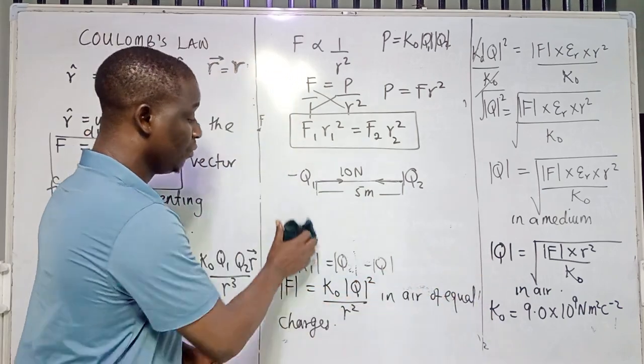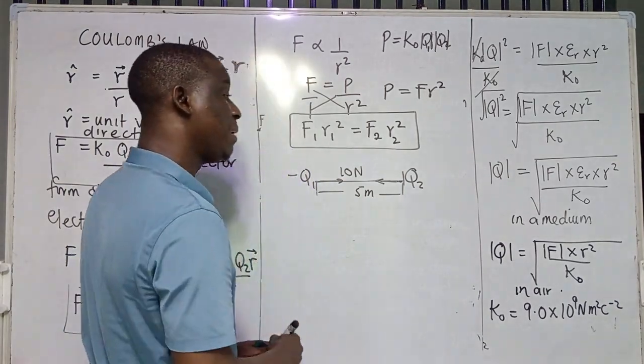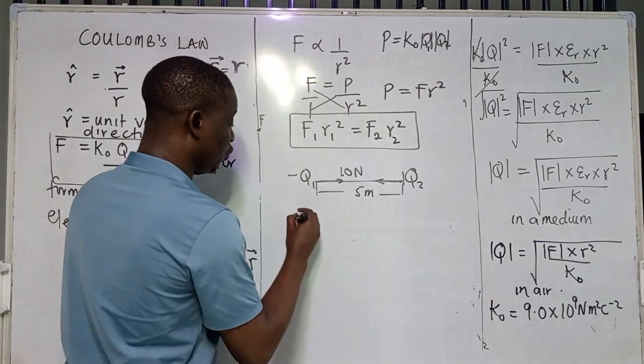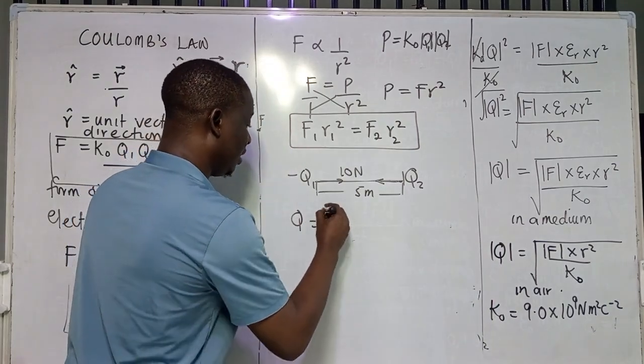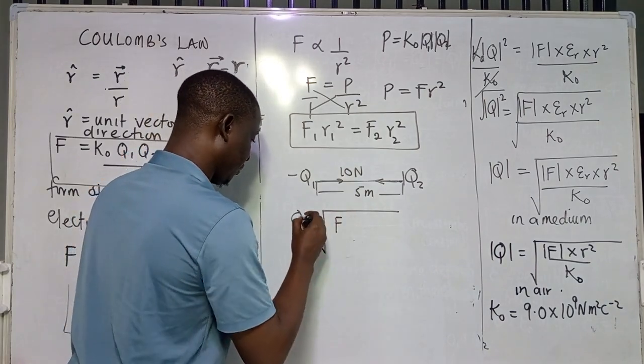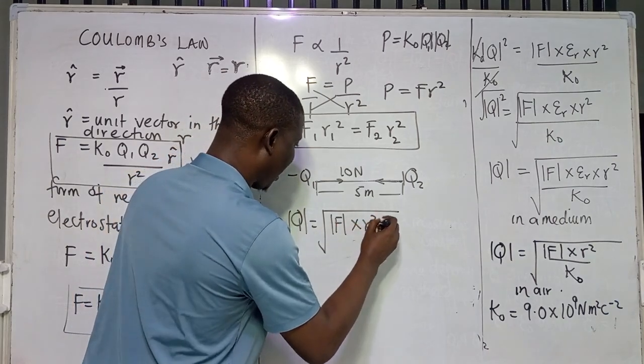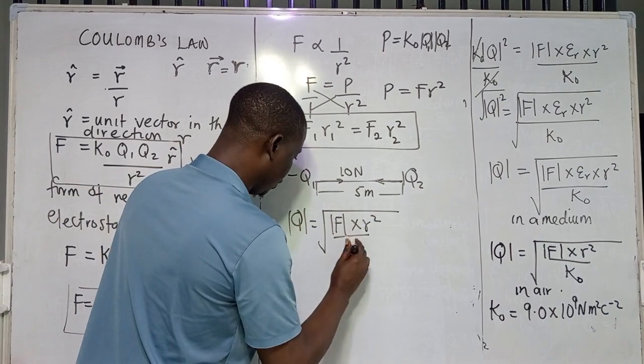And don't forget, in our previous classes before this class, you remember this formula I gave you, that means Q equal to what? If I want to take only the magnitude, the magnitude of the charge is equal to the magnitude of force times r squared over k naught.